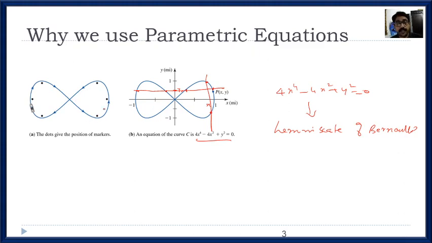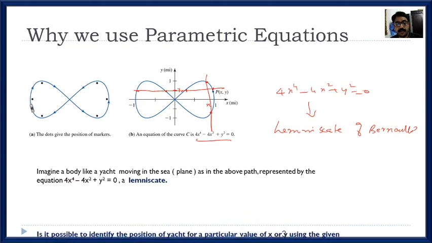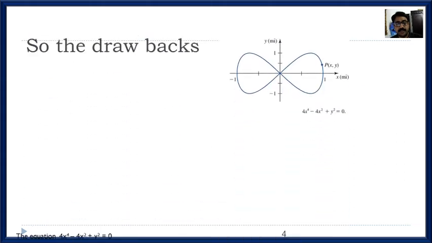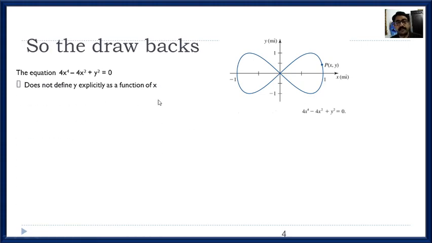So the drawbacks of such curves are like this. We are not in a position to express y explicitly in terms of x. Even if it is written explicitly, we are not getting a unique y corresponding to x, or a unique x corresponding to y.